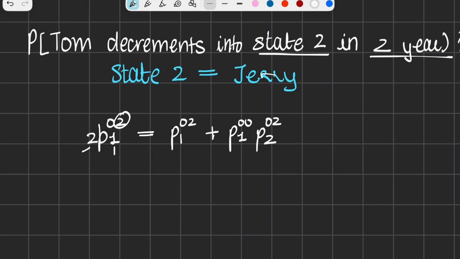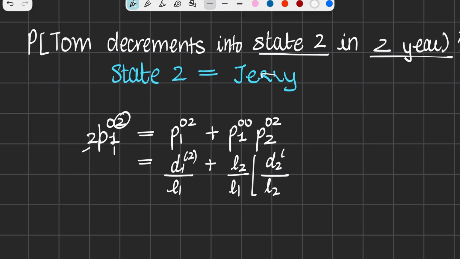We can write down this as D12 over L1 plus L2 over L1, L2 here, and then D22. Notice that we can get rid of these L2s here, so that just leaves us with D12 plus D22 all over L1.